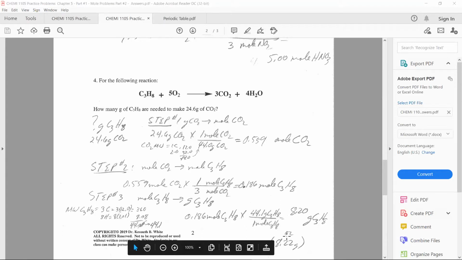And my answer is 8.20. Now notice I have also here 8.22. Now I'm a round-off-at-each-step person, but if you just want to wait until the very end, you can, and I calculated both ways.